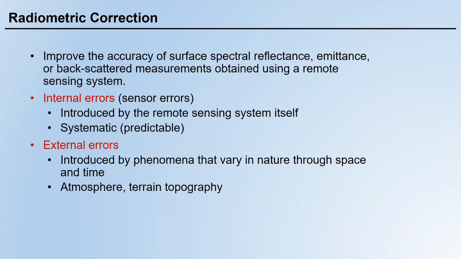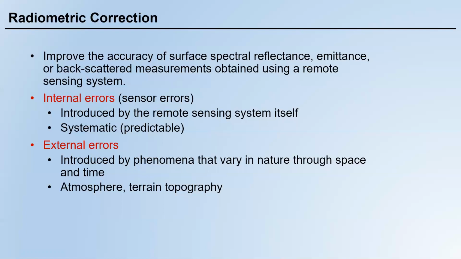Even though the satellite is in the sky, we can still control it from ground stations, which means we can detect that there is an error, and maybe from a ground station we know that the sensor is not working very well. So it's predictable and detectable. It's not that random. There could be random internal errors, but compared to external errors, they are relatively predictable.